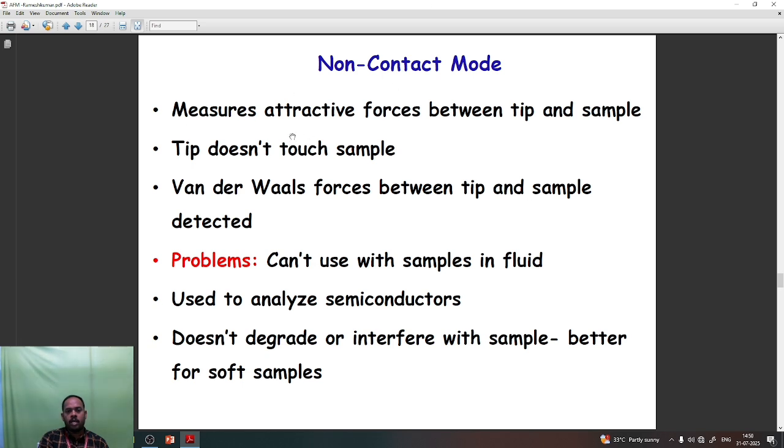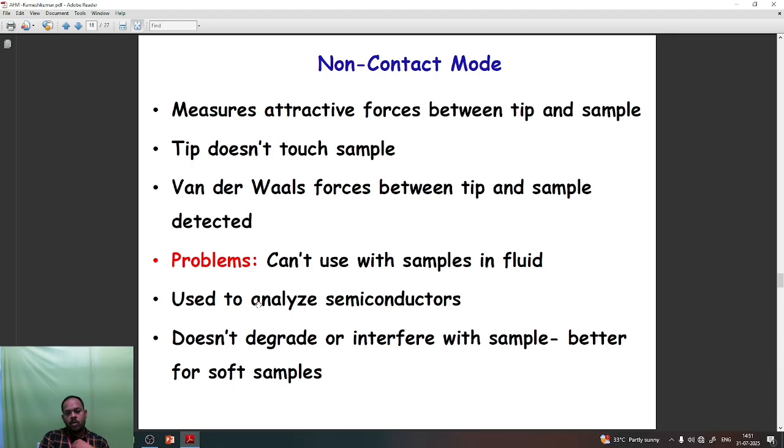In non-contact mode, we measure attractive forces because the tip and sample surface are separated, so automatically there will be an attractive force between them. The tip doesn't touch the sample, and van der Waals forces between tip and sample are detected. So what are the problems? We cannot use samples with liquids because it will also carry the image of the liquid droplets.